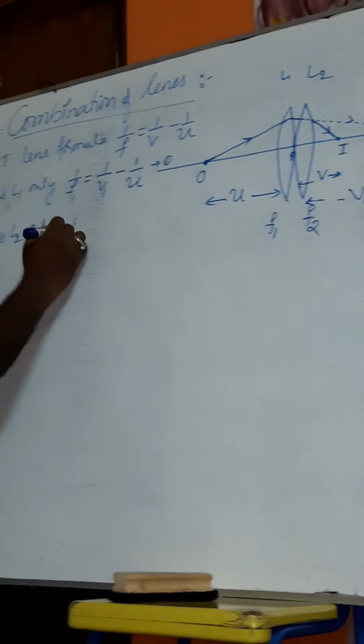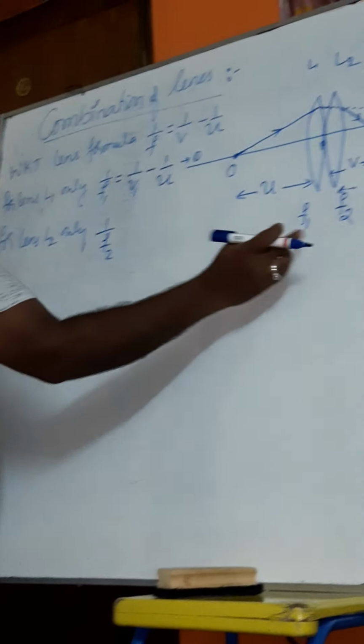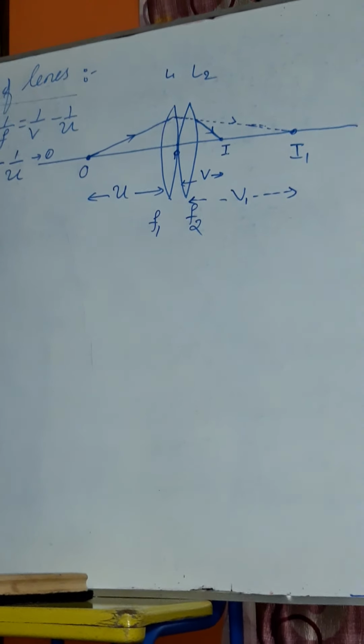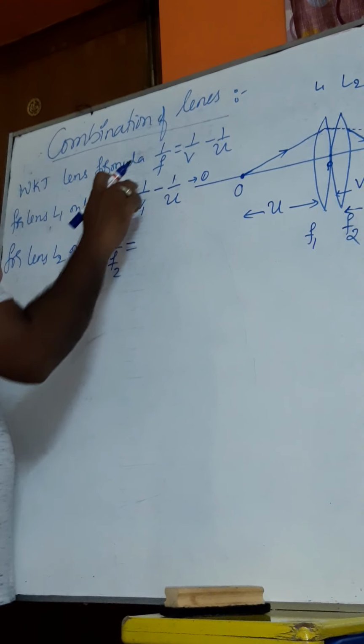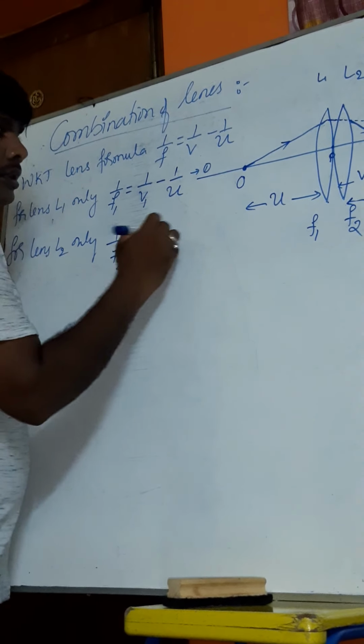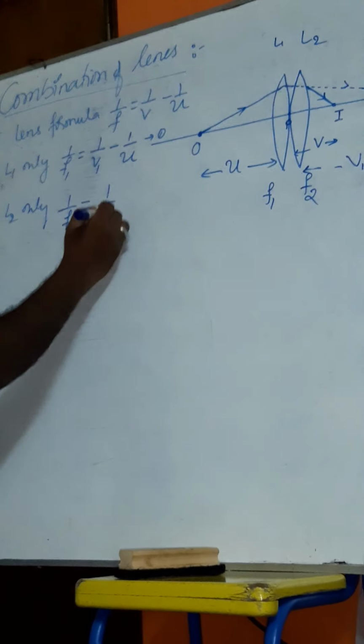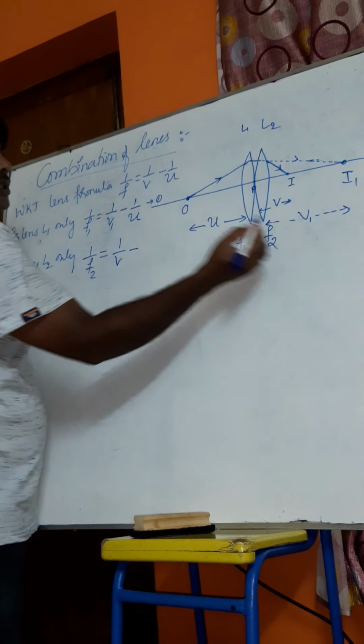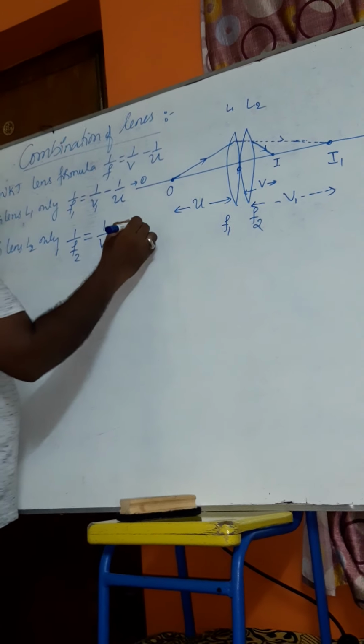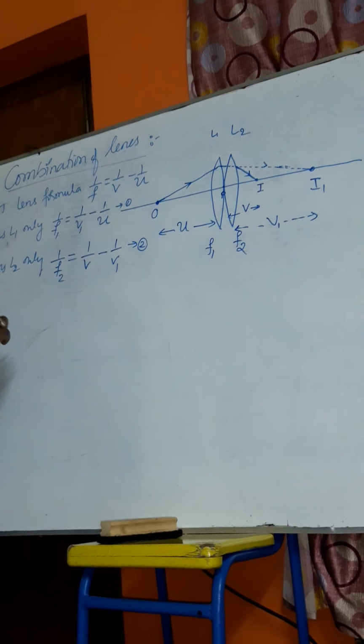That's why 1 by f2, where f2 is the focal length of lens L2, is equal to, first we have to write the reciprocal of the image distance, 1 by v, minus the reciprocal of the object distance, 1 by v1. So it is equation number 2.